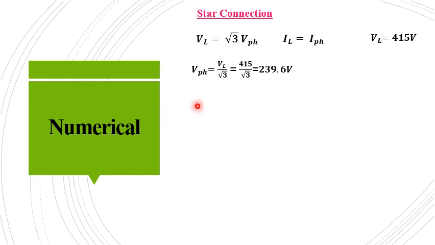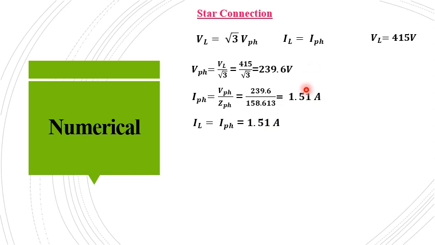Now we have the phase voltage and the per phase impedance, so we can find the phase current I phase as V phase by Z phase, which is 1.51 amperes. Since this is a star connection, the line current is equal to the phase current, which is 1.51 amperes.